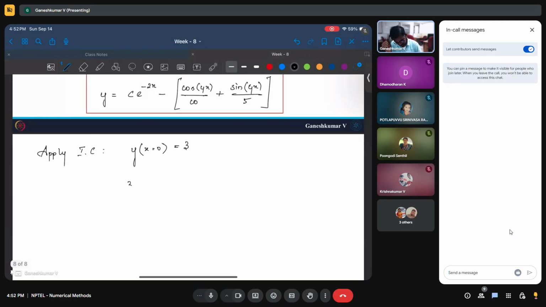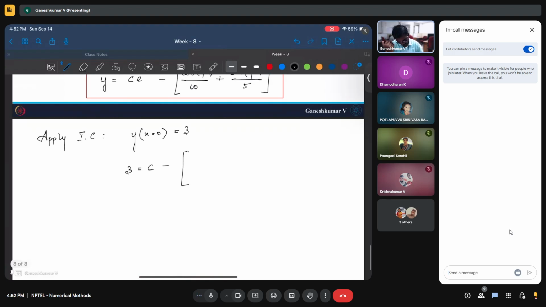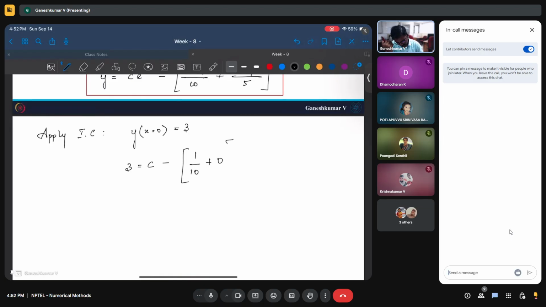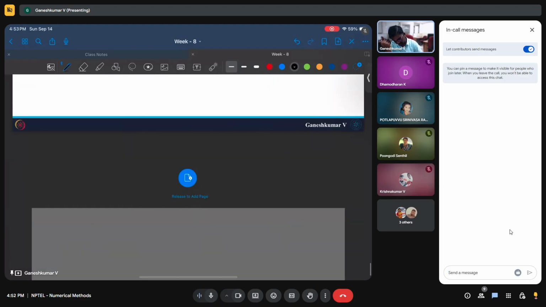This becomes 3 equal to c e power 0, which is basically 1, so c minus cos 0, which is 1, and sine 0 is 0. So this will give you c to be 3 plus 1 by 10, which is 31 by 10.